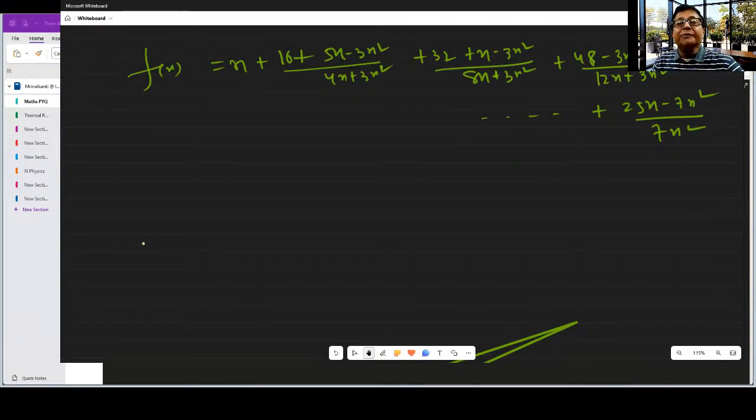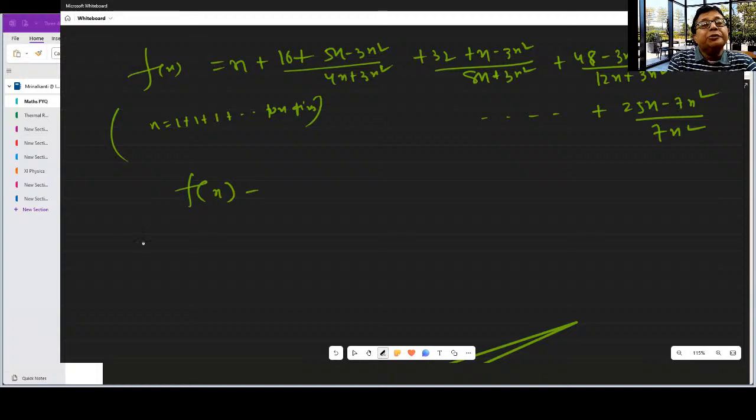So what I am going to do here first, I want to remove the common factor from there. And this n we can write 1, 1, 1 up to n times. So Fn is going to be what? 1 plus this, that is, 1 I am going to add for it.